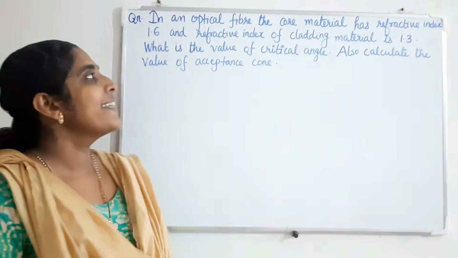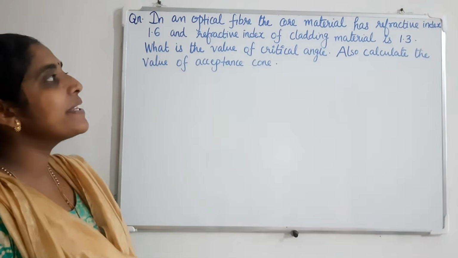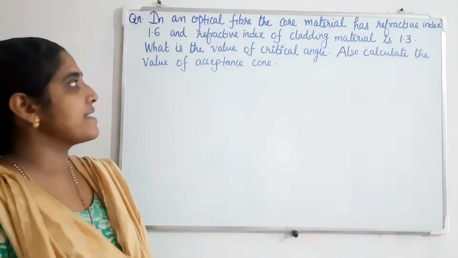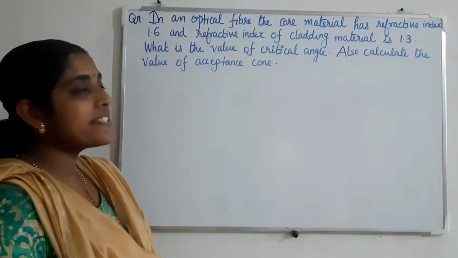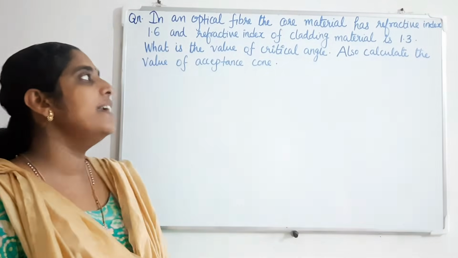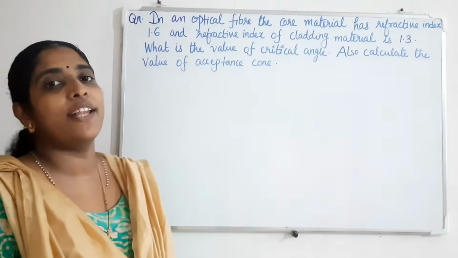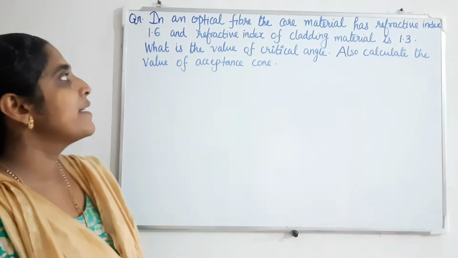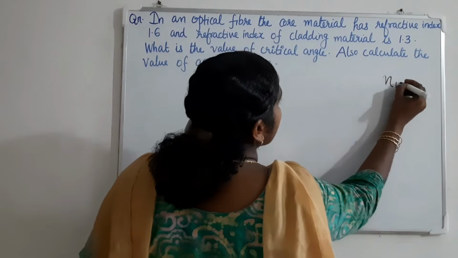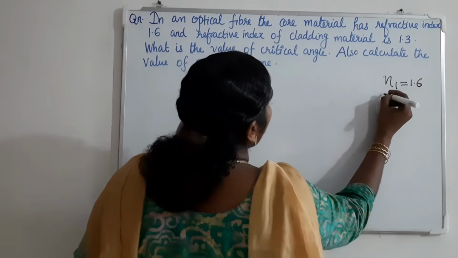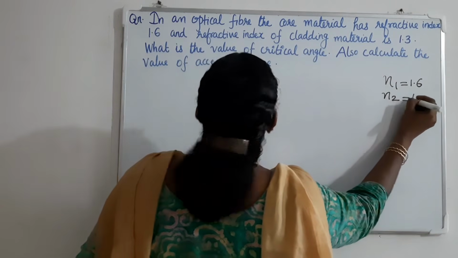Next question. In an optical fiber, the core material has refractive index 1.6 and the refractive index of cladding is 1.3. What is the value of critical angle? Also calculate the value of acceptance cone. Here the core refractive index is 1.6 and the cladding refractive index is 1.3.